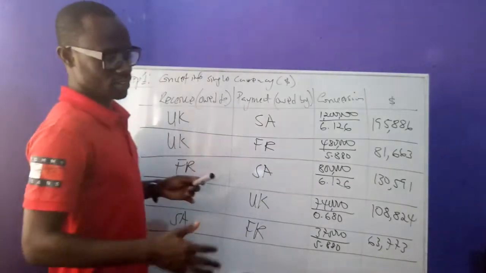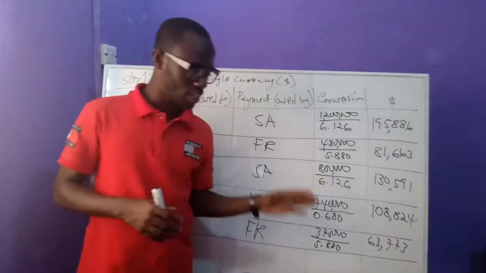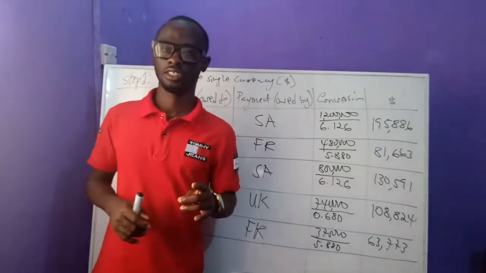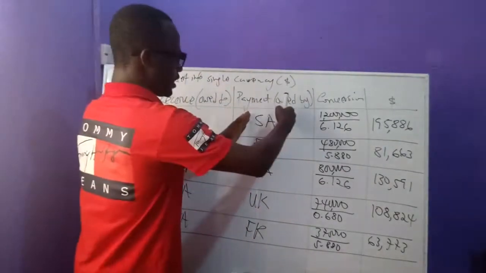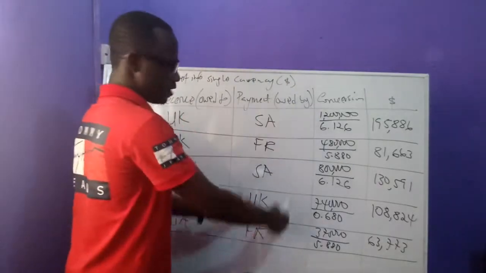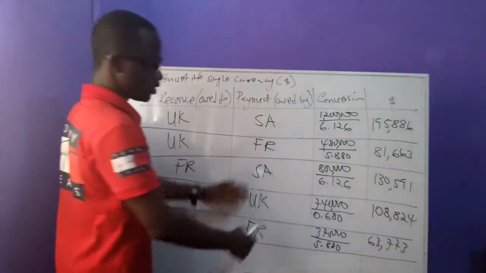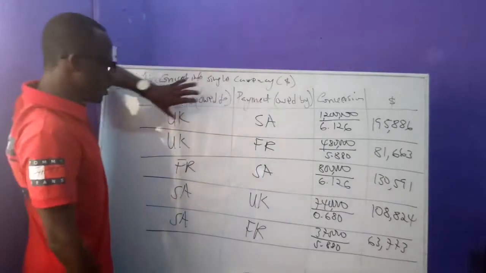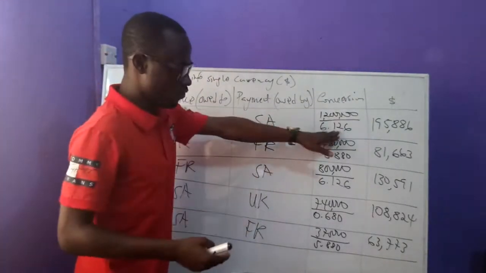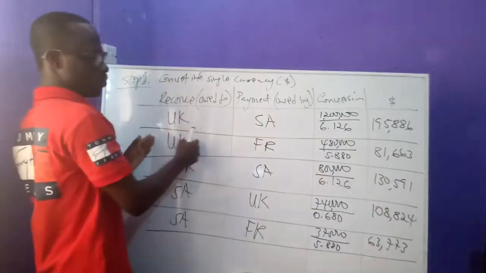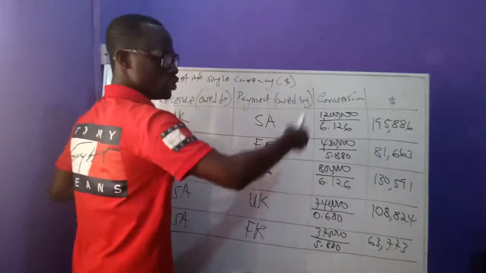So this is the first step. Convert outstanding balances to a single currency. That's the first step. Now you got to be careful here. The idea is based on the payments, all right? So these people are owing these people 1.2 million rand, right? So we convert. These people are owing these people 480,000 euros.